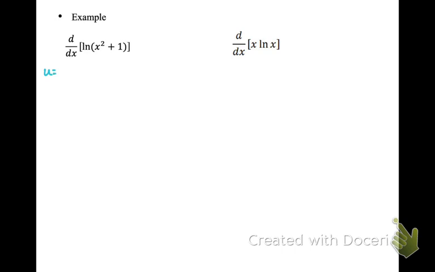Okay, so what's u? It's x squared plus 1. So u prime is 2x. So the derivative is 2x over x squared plus 1.